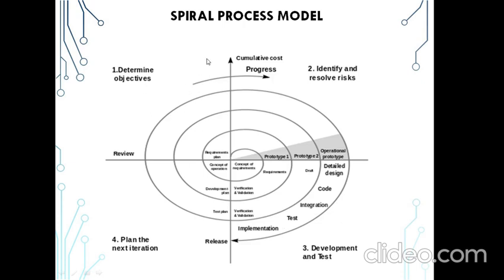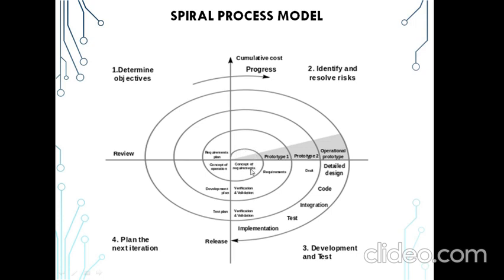So this is the spiral process model. Here we have four quadrants. The first quadrant is to determine the objectives, the second quadrant is to identify and resolve the risk, the third is development and test, and the fourth is to plan the next iteration.